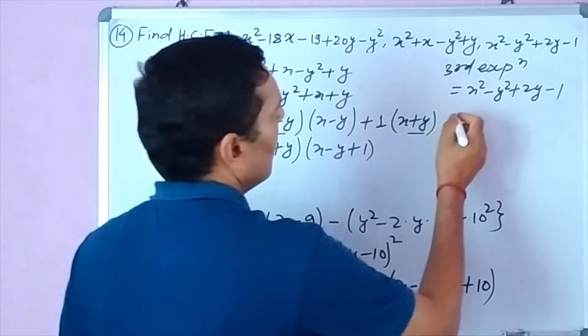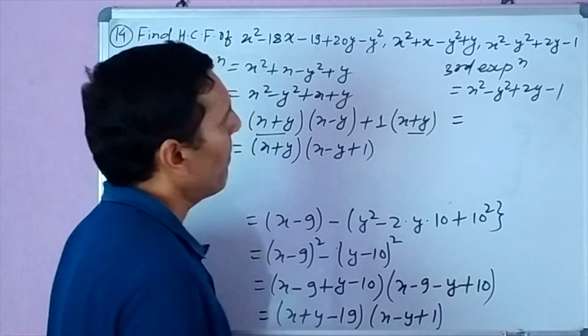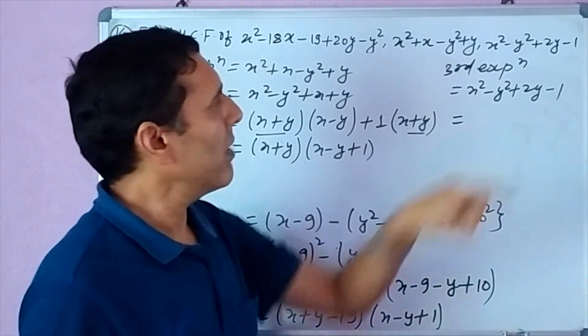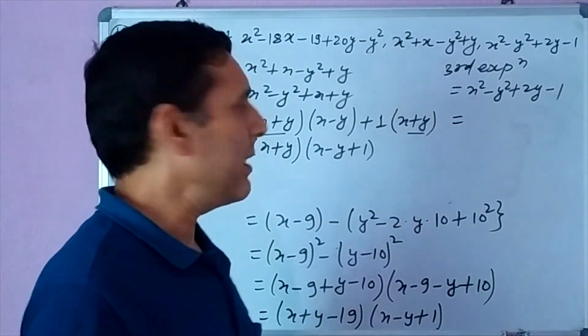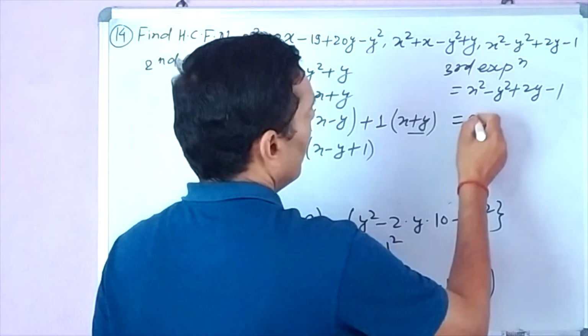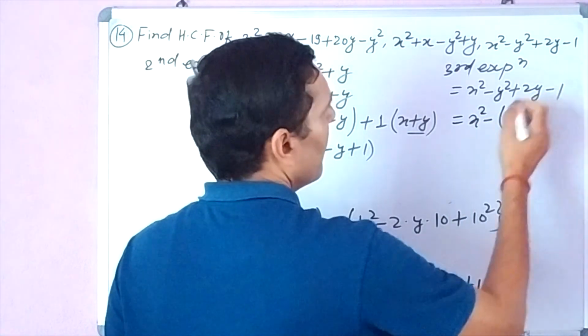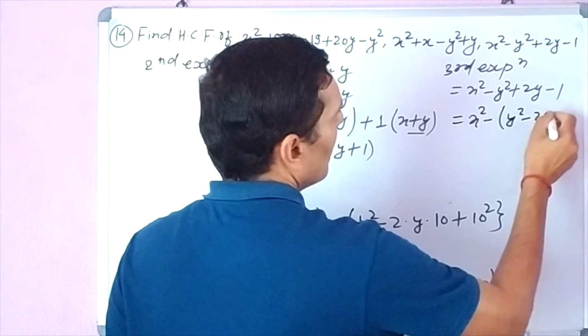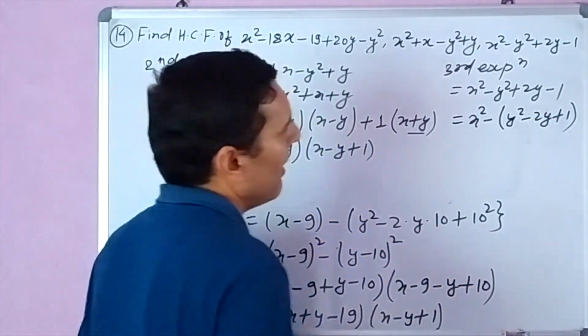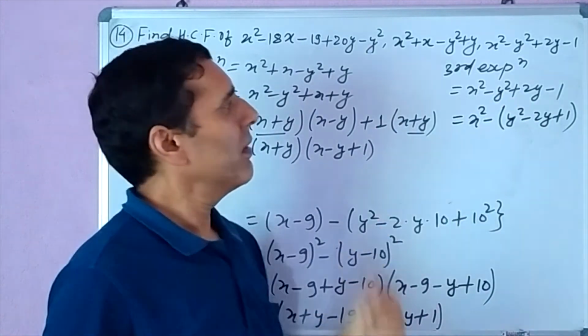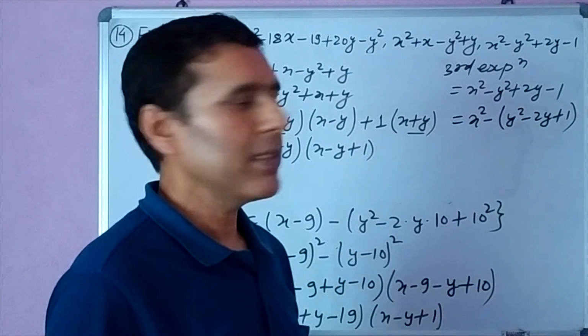So it can also be factorized if you take the minus common in the last three terms, it completes the square in the bracket. x square minus, common in all three terms, y square minus 2y plus 1 will be remaining in the bracket. After taking minus sign common, the sign of all terms changes there.